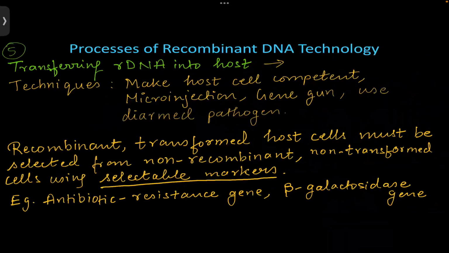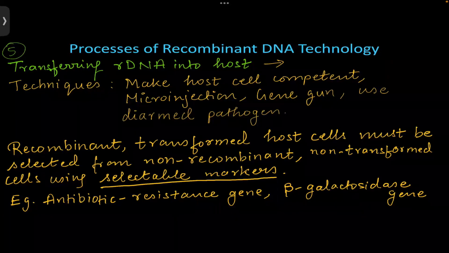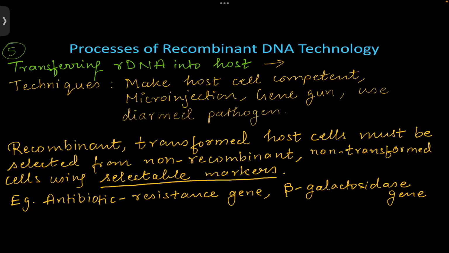Now, this is an optional step, so you can do PCR amplification or not. People generally do it in order to make stocks of their gene of interest or recombinant DNA, etc. Once you have done it, you will then transfer your recombinant DNA into a host cell. You already know the techniques for how to do that.